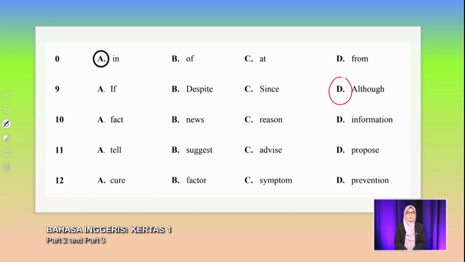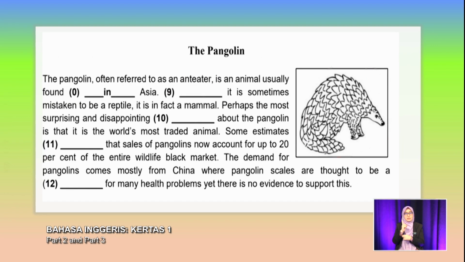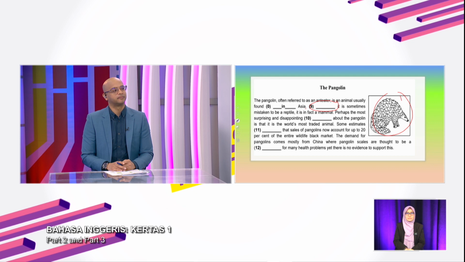The most surprising and disappointing news. Or the most surprising and disappointing reason, or the last one, information. Which one will it be? Perhaps I would go for fact. Fact, yes. About the pangolin being the most traded animal. The fact.